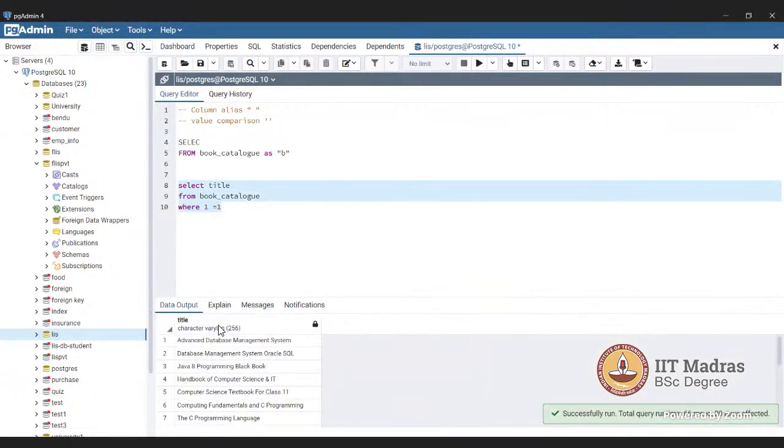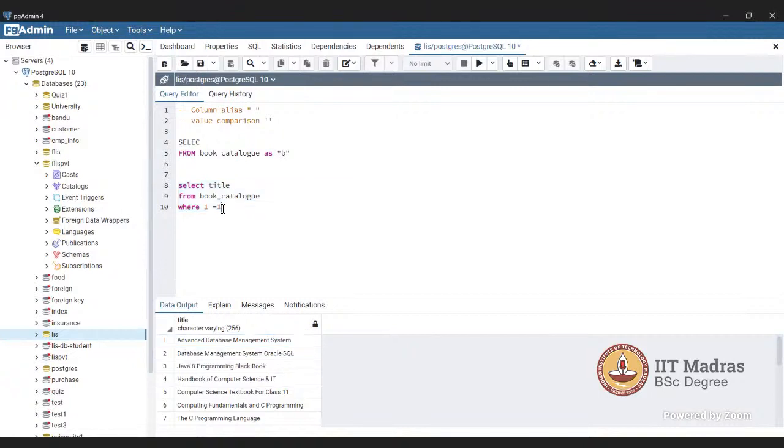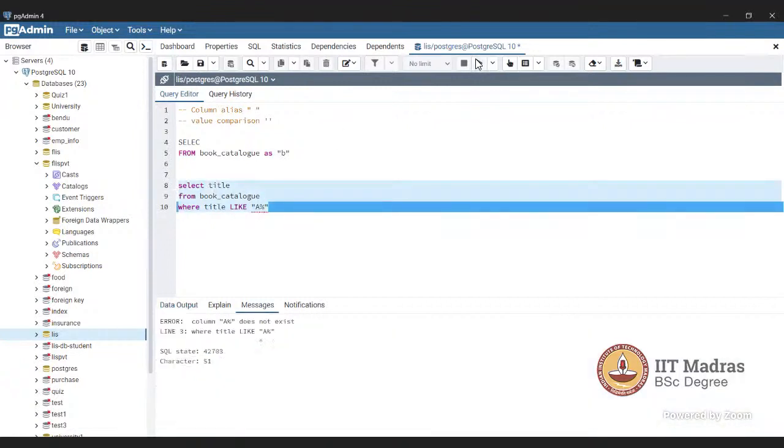So let me check the table first. Suppose we want all the books whose title starts with A. What will be the query? Start with A. If I use the double quote, let's see what happens.